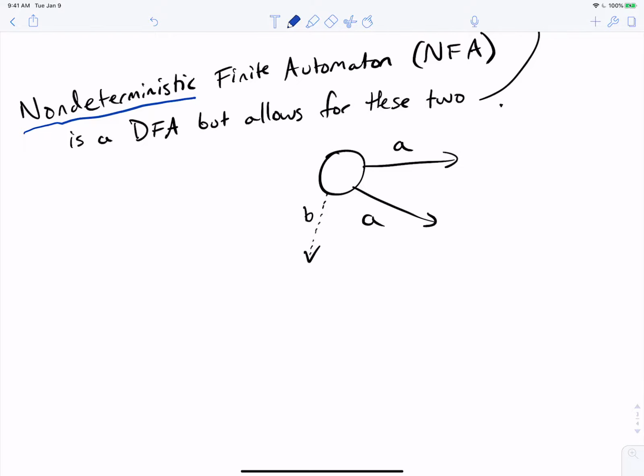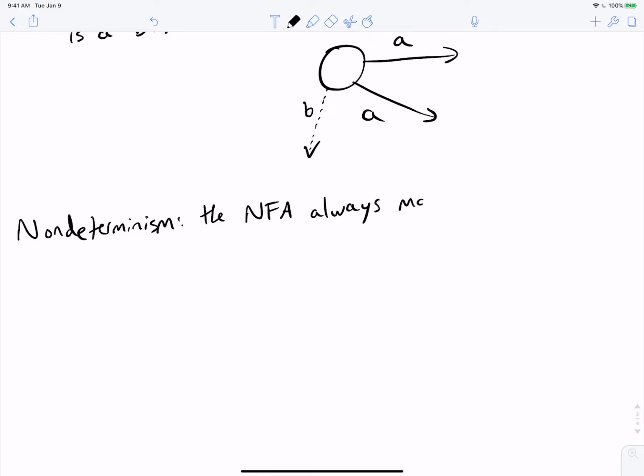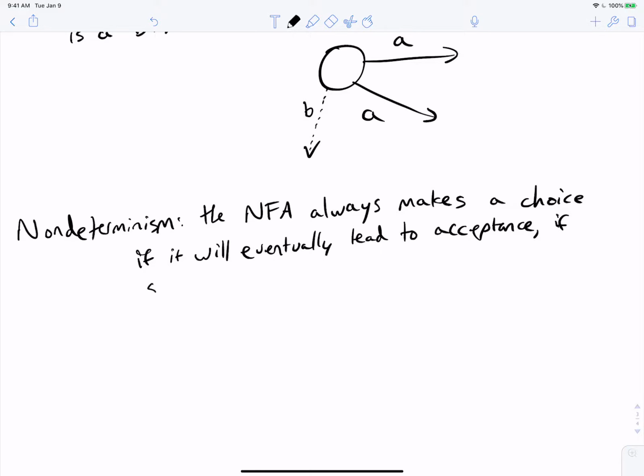So non-determinism means the NFA always makes a choice if it will eventually lead to acceptance, if such a choice exists.